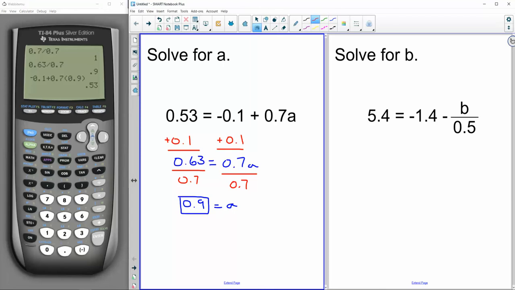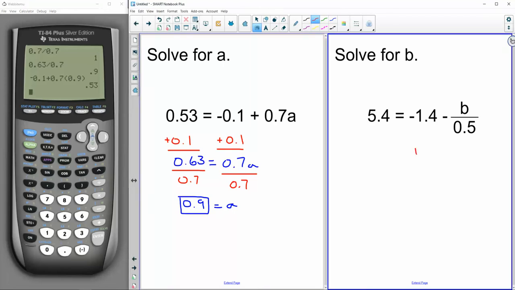Okay, over here I see this negative 1.4, so I'm going to add 1.4. Why am I adding 1.4? Because I know that negative 1.4 plus 1.4 is 0, and that'll just leave me with negative b over 0.5.